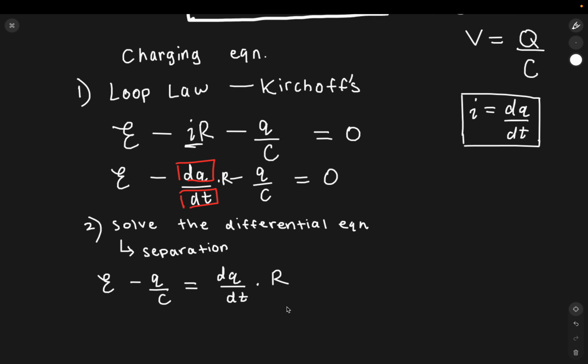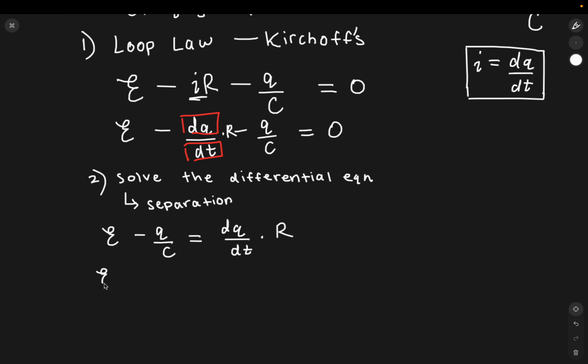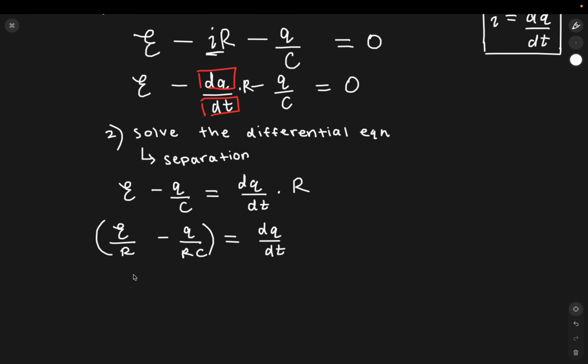Now we're going to divide all sides of the equation by R so that we can isolate our differentials. Once we do that, we're now going to combine this into one expression by finding a common denominator.